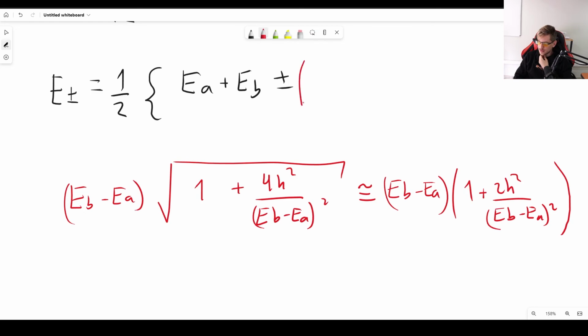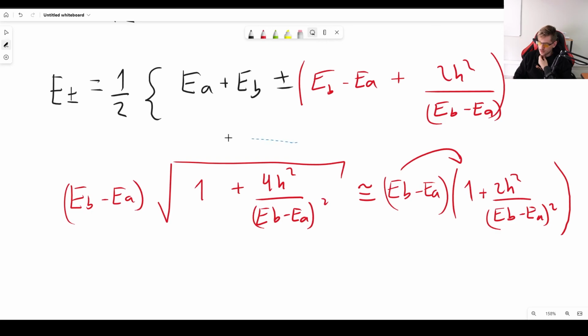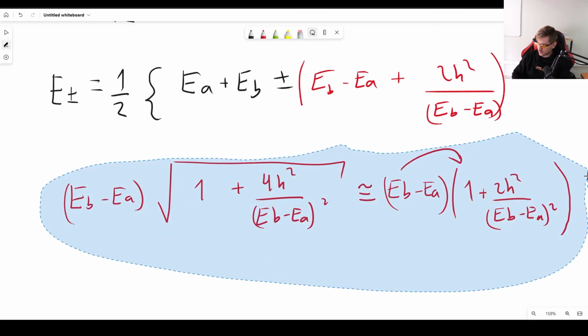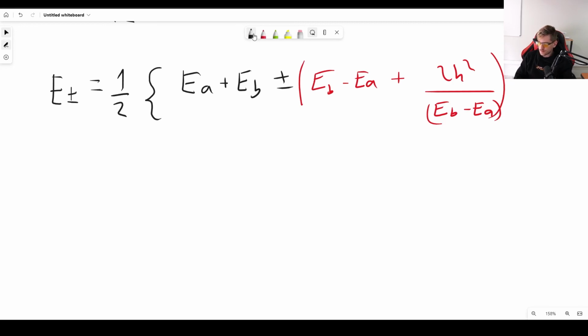I'm going to multiply it right away. So EB minus EA plus 2h squared over EB minus EA. Not squared anymore because of the product. Now let's go for each one of these cases.